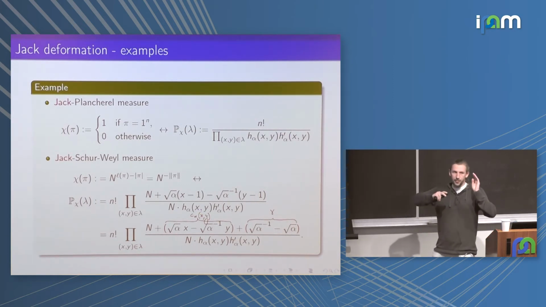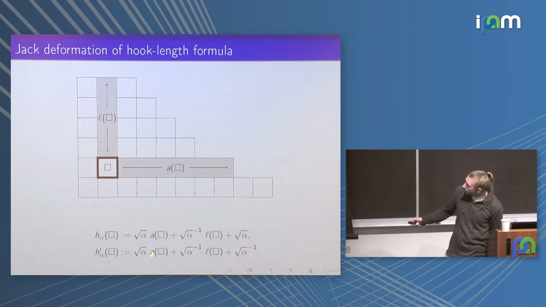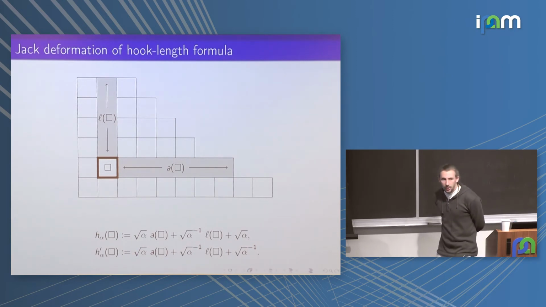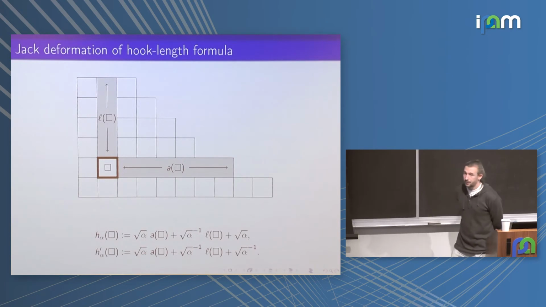Typically the content of a box is just the difference between the x and y coordinates of the box, and here there is a parameter that I will call gamma, which is the square root of alpha inverse minus the square root of alpha. This is an explanation of the deformation of a hook. Now I have two hooks, and they are pretty much the same except for this last part: here I add the square root of alpha, and here I add the square root of alpha inverse.